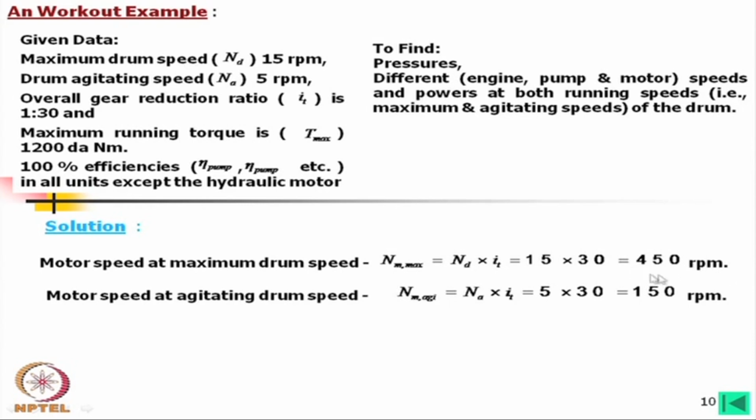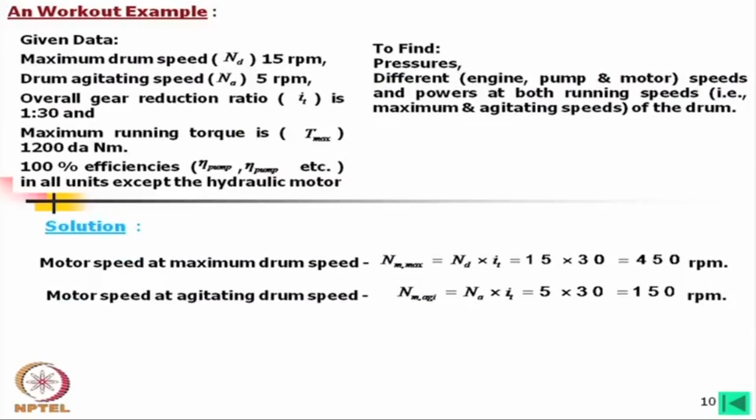Now, motor speed at maximum drum speed is 15 into the transmission ratio, 450 rpm. That means the maximum motor output speed is while it is mixing or maybe discharging. Definitely at the time of mixing more power will be required. Look at how the drum is inclined. It is arranged in such a way that while mixing, the materials move normally in the downward direction, because at that time we need more force.